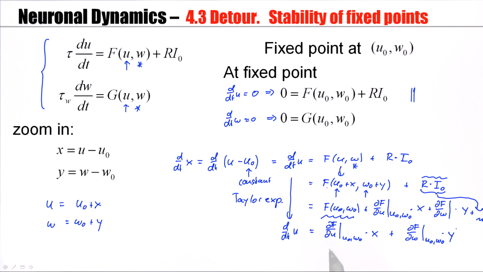Now, this looks like an awkward notation, right? I write df du evaluated at, that's the vertical line, u0, w0. Let's write this shorthand notation as fu. That's the first derivative of this function f with respect to u, evaluated at the fixed point. Short-term fu. Same thing here, fw times y.